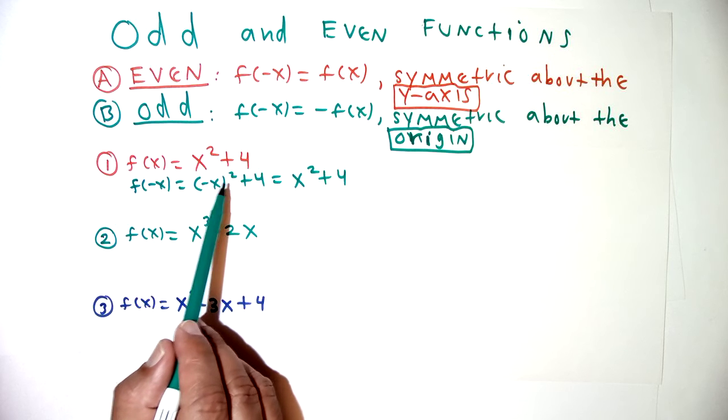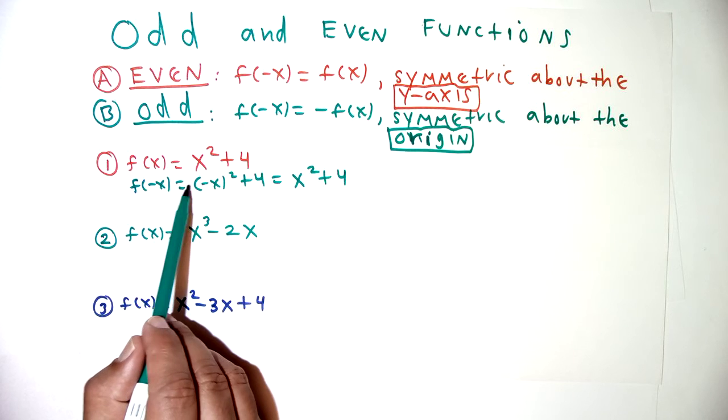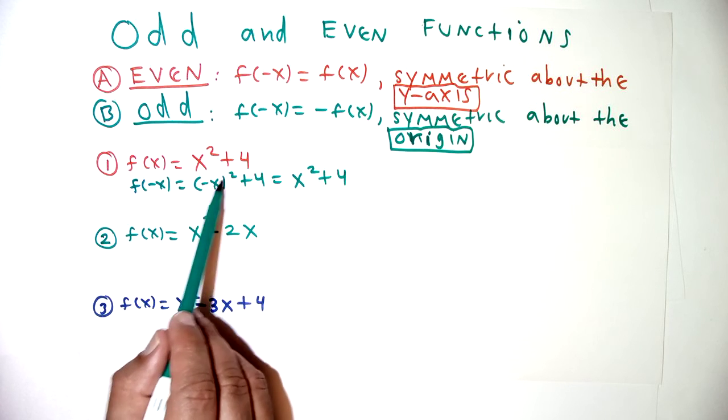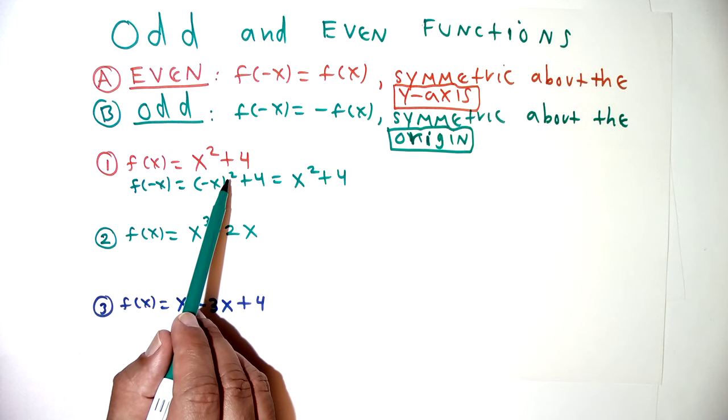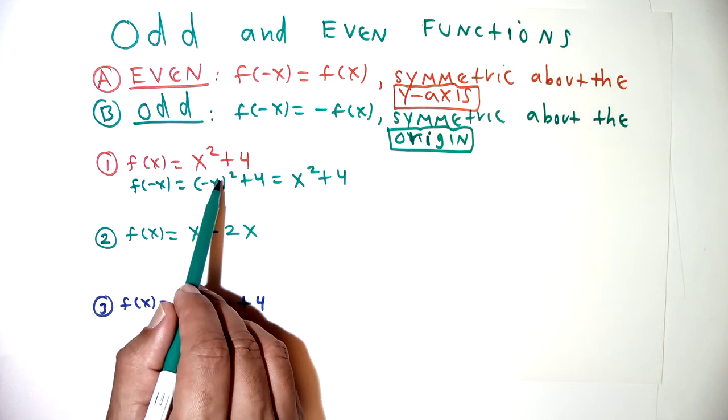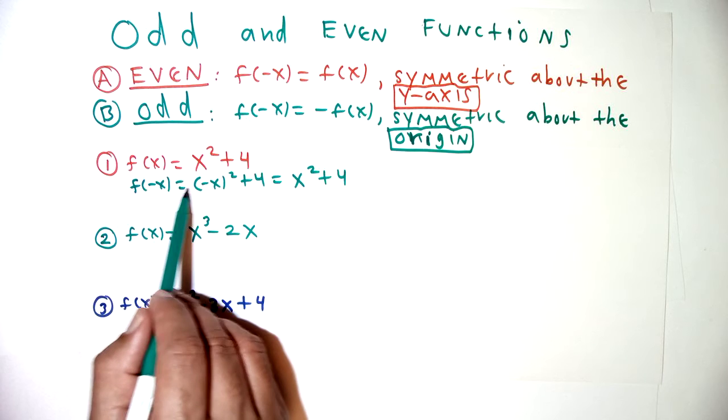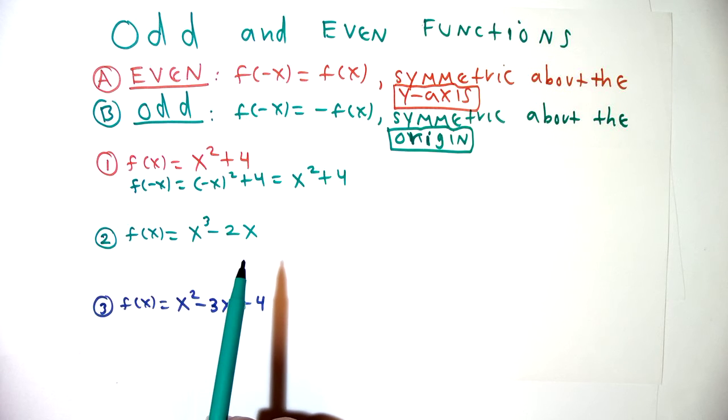But also keep in mind, if there is a sign outside, you need to use it. And that sign doesn't have anything to do with the rule that I just gave you. So again, an even power will always give you positive and an odd power will always give you negative. In this case, I got positive, and since the outside is positive, it stays positive.